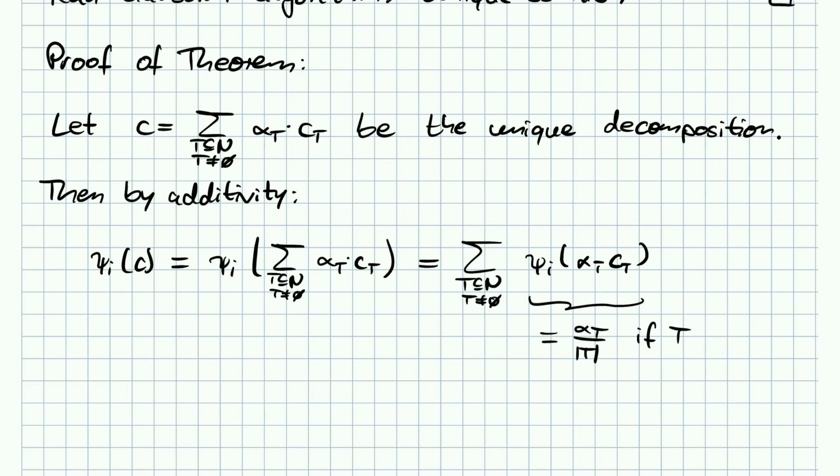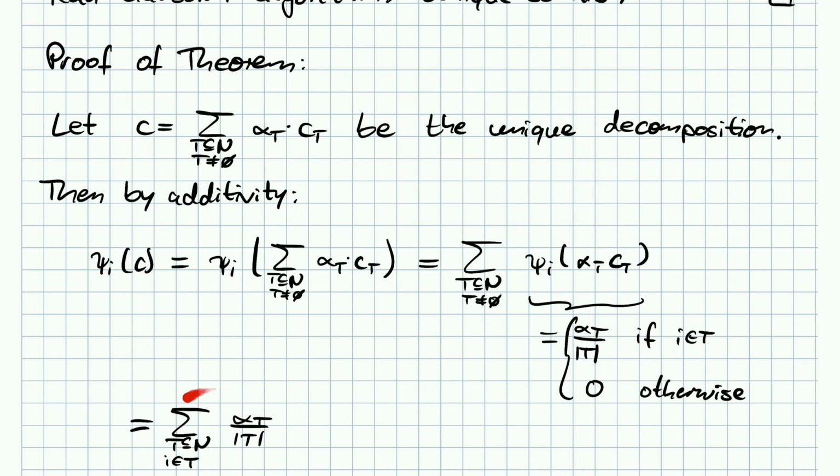if I is in T, or it will be 0 otherwise. So this will be nothing but the sum over all t with the property that I is contained in T of alpha t over the cardinality of T. And because this vector alpha t was unique, this is unique.